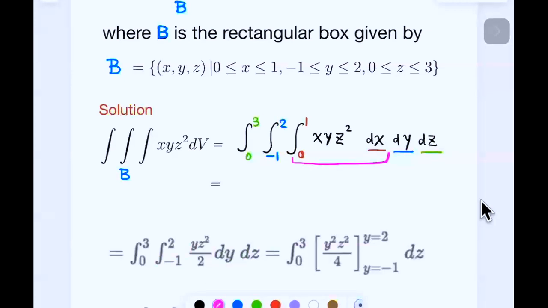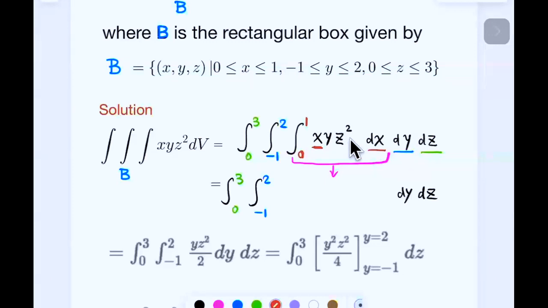And keeping the outside unchanged. What is the antiderivative of xyz squared with respect to x? At this time, the x over here is the changing variable, and think about y and z as constants.